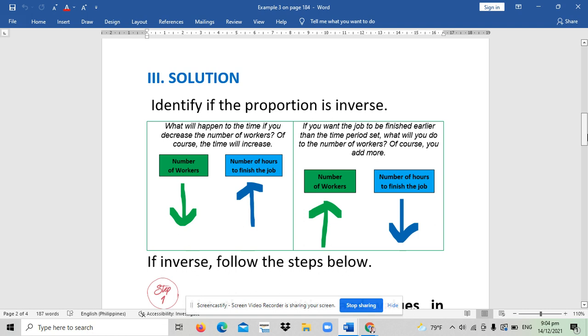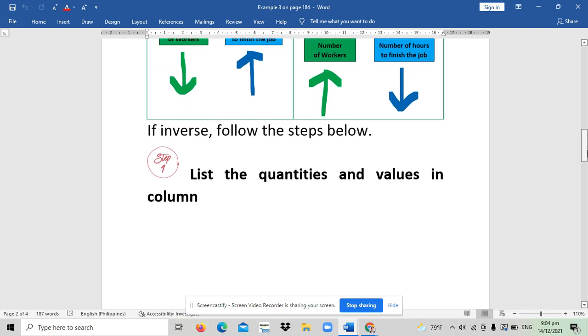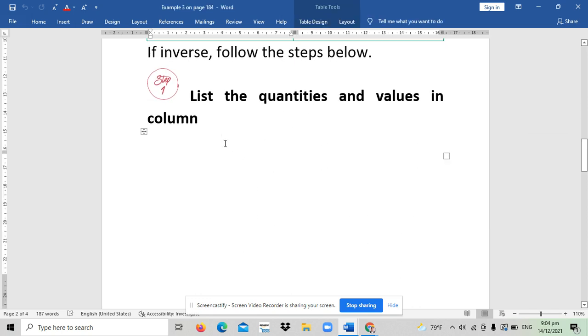Since we made sure that it's an inverse proportion, we can follow the steps below. First step is to list the quantities and values in columns. The quantities given in the problem are the number of workers and the number of hours.